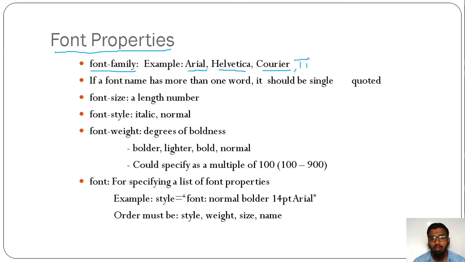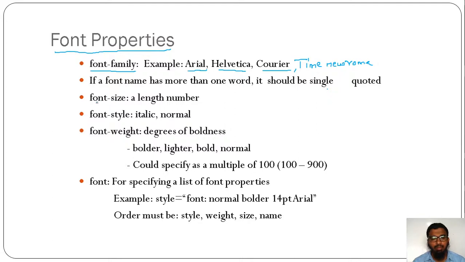Times New Roman is also one type of font family, a font name we can say. If a font name has more than one word, it should be in single quotes.